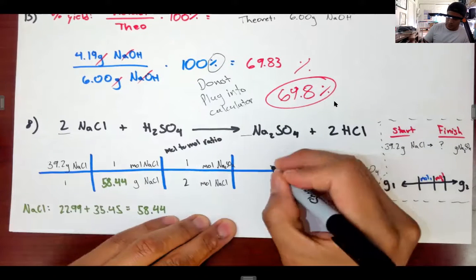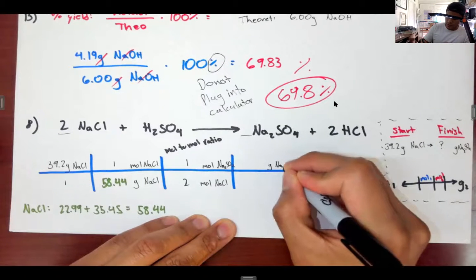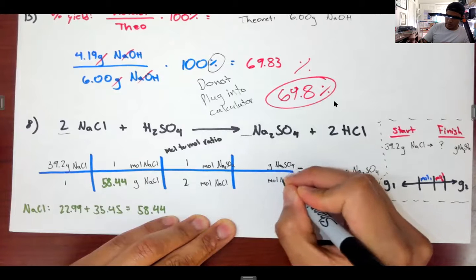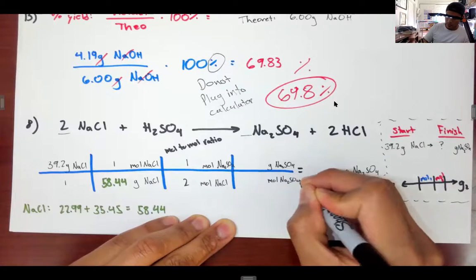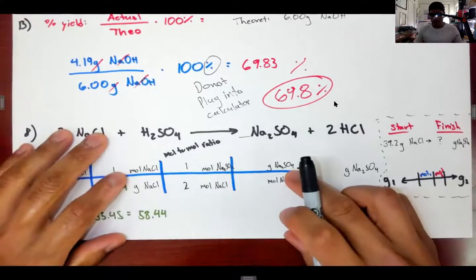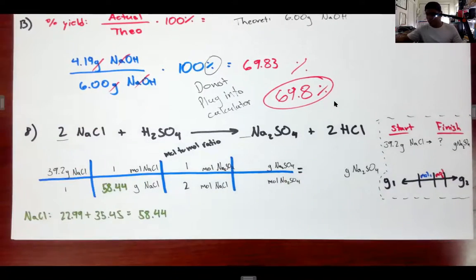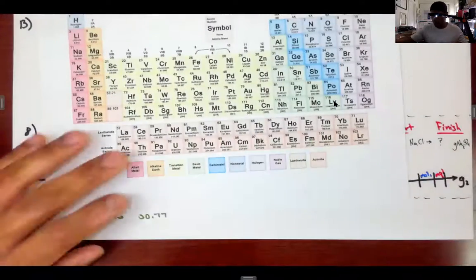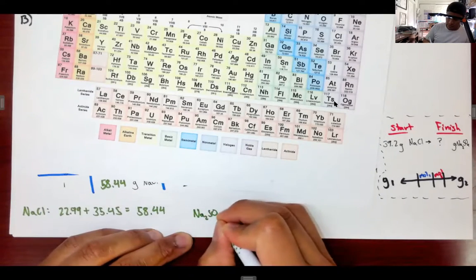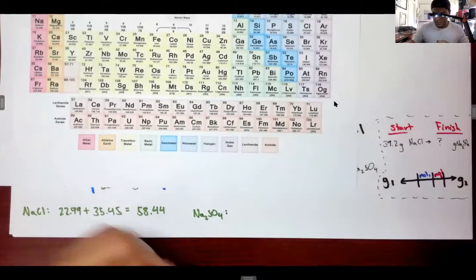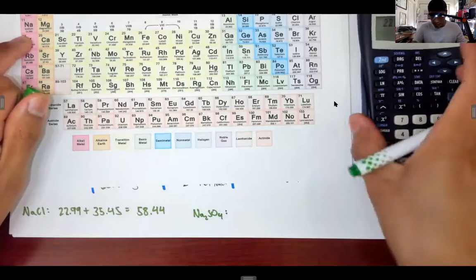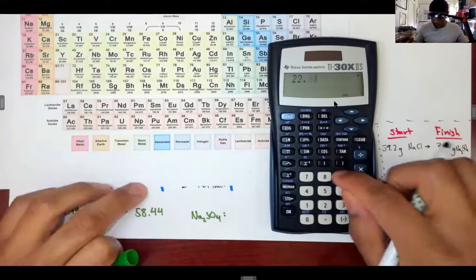Now the last step is to try to get grams of Na2SO4, and the way that we do that is by using the molar mass again. So let's find the molar mass of Na2SO4. How do we do that? Go to the periodic table again. So the molar mass of Na2SO4 is going to be, so Na2, that's going to be 22.99, right?